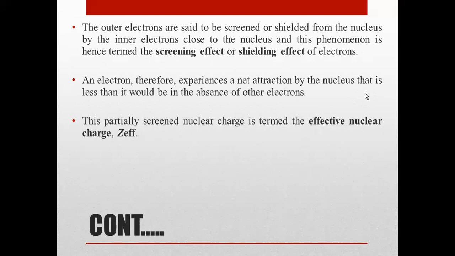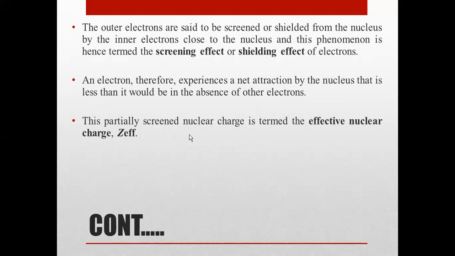So why are we speaking about the Z effective? Because of this screening, an outermost electron may be shielded by the inner electrons. An electron therefore experiences a net attraction that is less than what you would expect in the absence of other electrons.